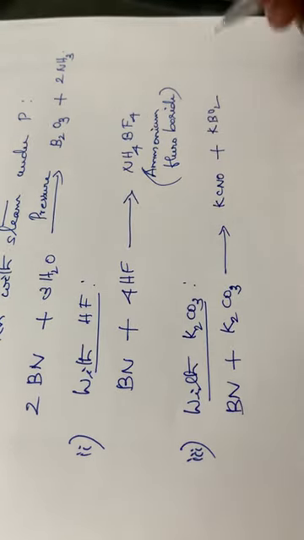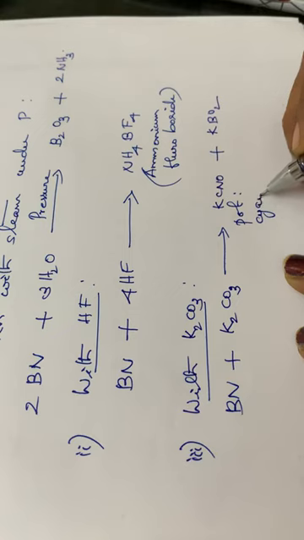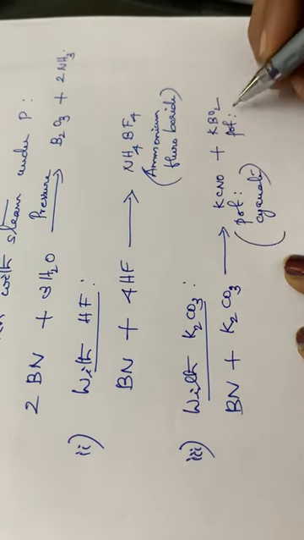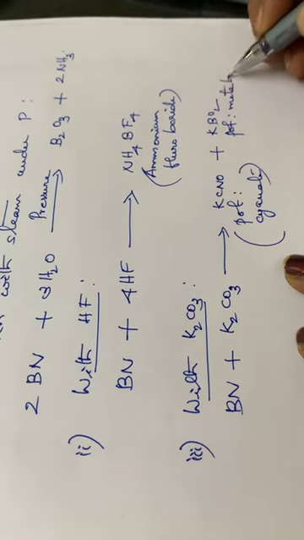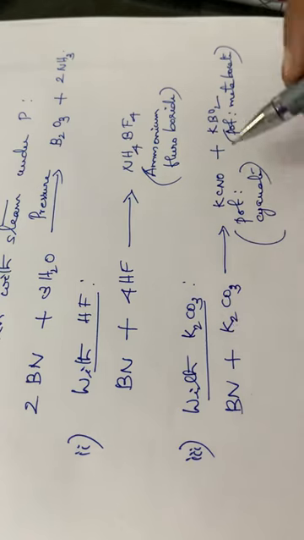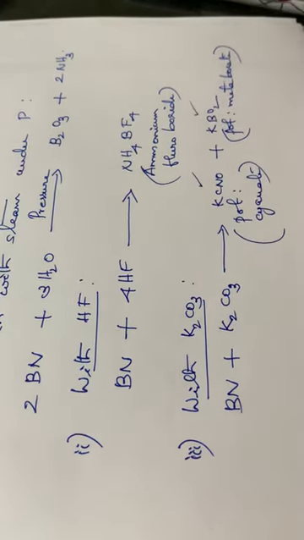KCNO is potassium cyanate, and KBO2 is potassium metaborate. So with K2CO3, the products will be KCNO, potassium cyanate, and potassium metaborate.